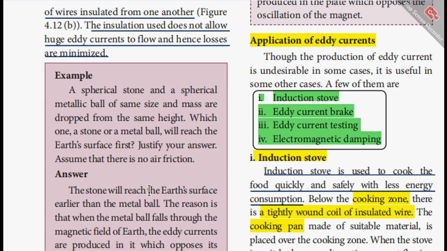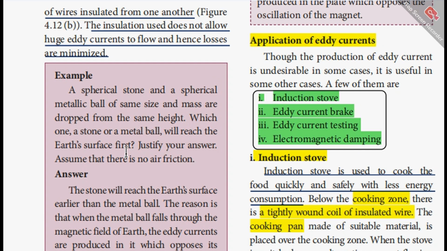So where is this eddy current applied? In this case of a spherical stone and a spherical metallic ball of same size and mass, when they are dropped from the same height, let us see which one will reach the Earth's surface first.